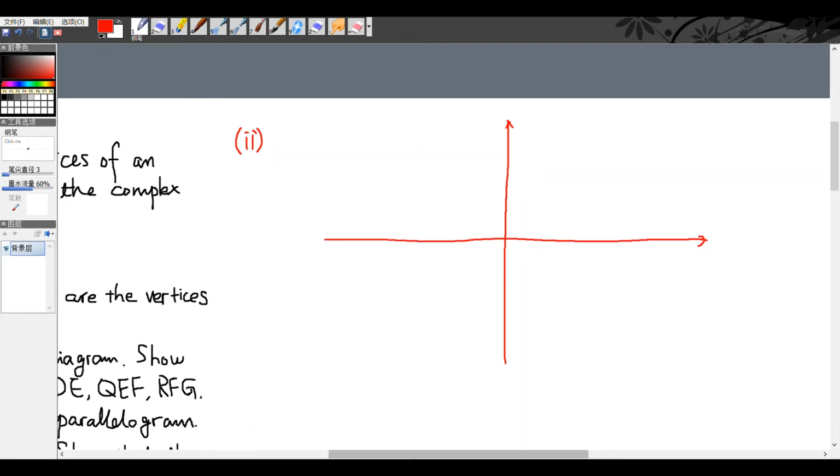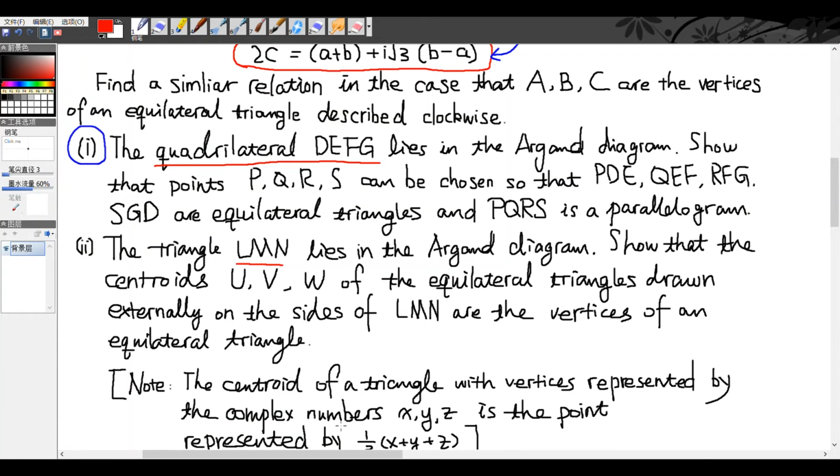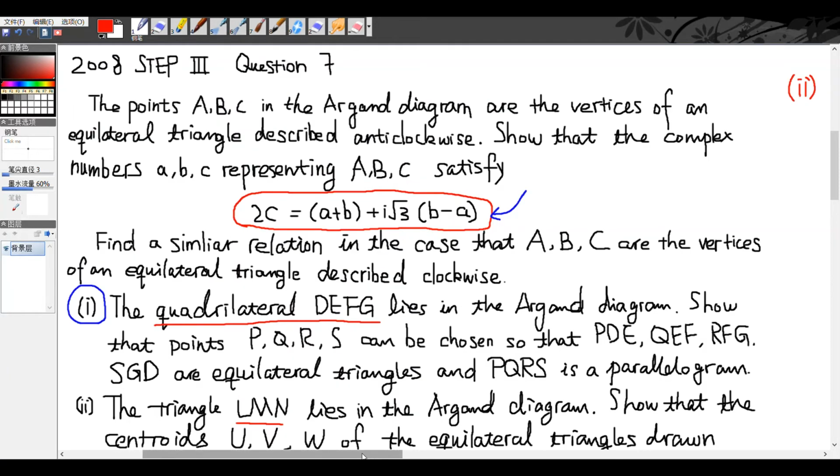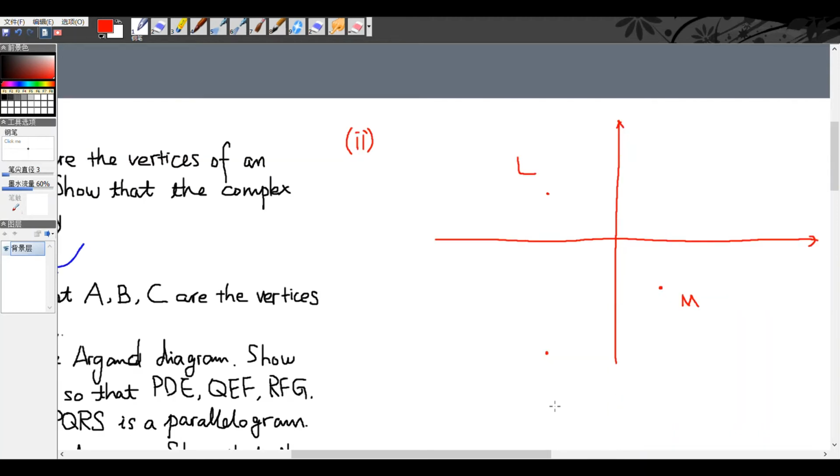So again, LMN is a random triangle. L, M. Okay, let's put N here.